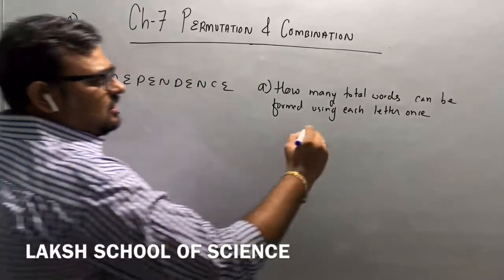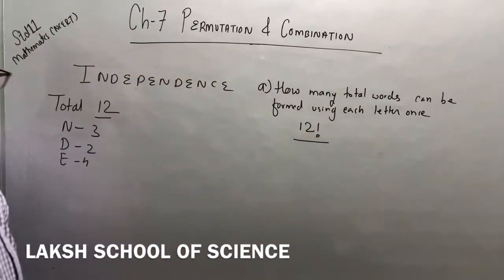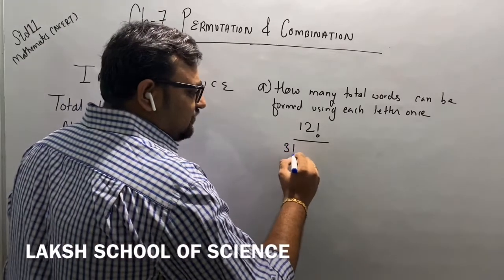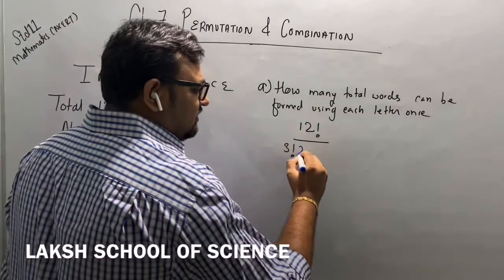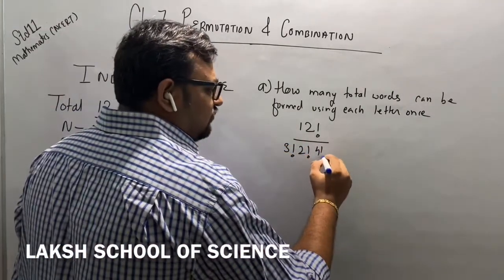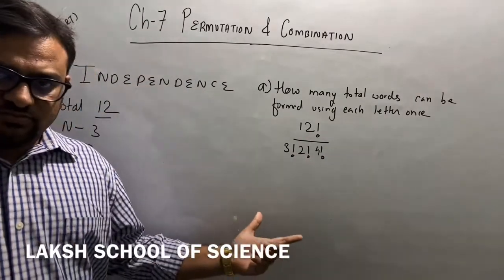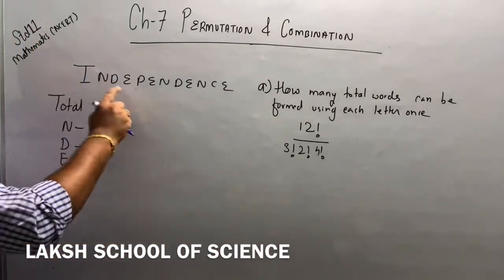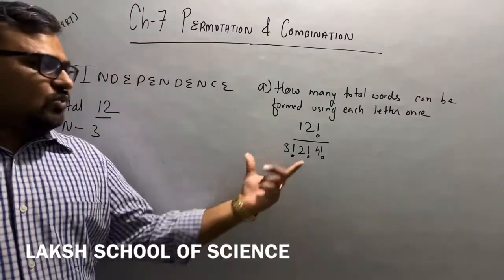Total 12, so 12 factorial upon how many times N is repeated? 3 times, 3 factorial. How many times D is repeated? 2 times, 2 factorial. How many times E is repeated? 4 times, 4 factorial. Clear? Now solve it, get your answer. So whenever there is repetition of the alphabets, you have to use this way.